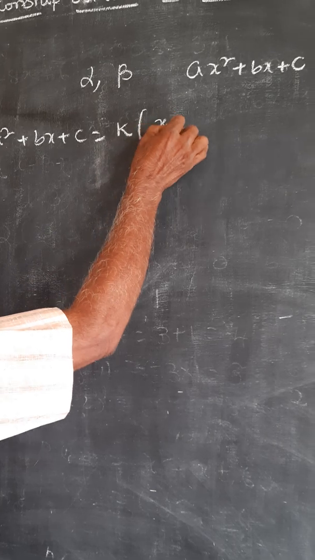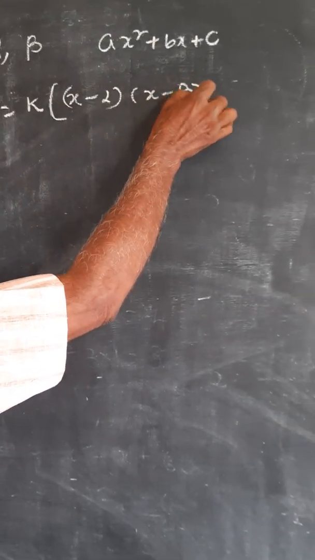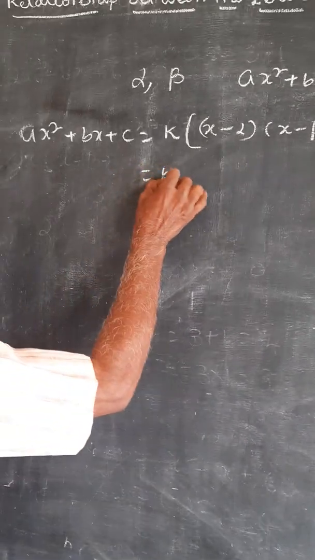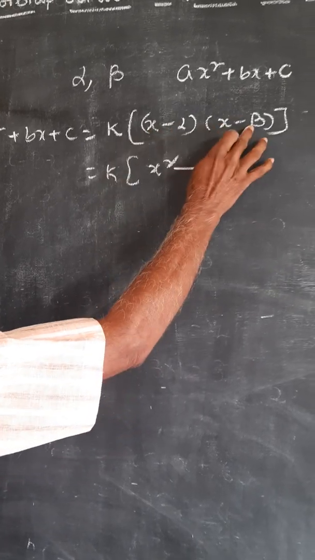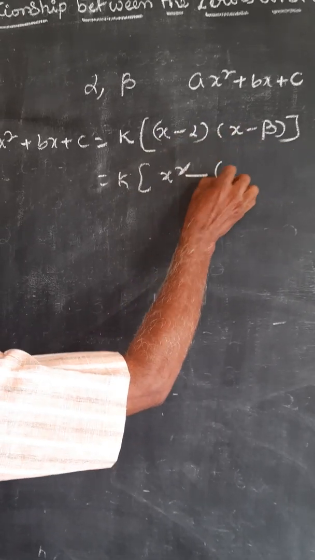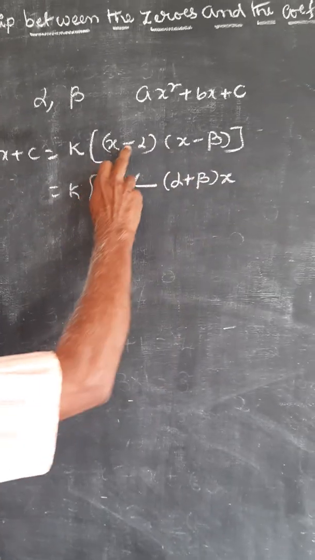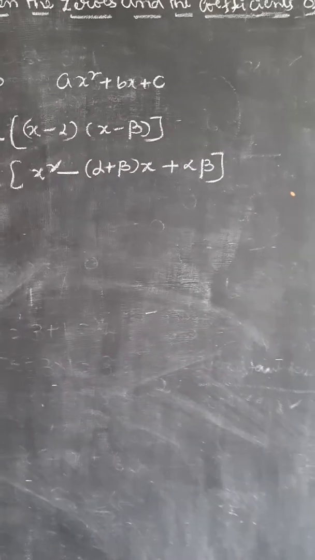Whenever alpha is a zero, x - alpha is a factor, and beta is a zero, so x - beta is also a factor. That equals k[x² - beta x - alpha x + alpha beta] = k[x² - (alpha + beta)x + alpha beta].